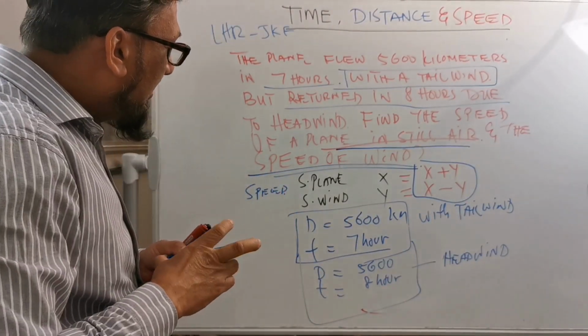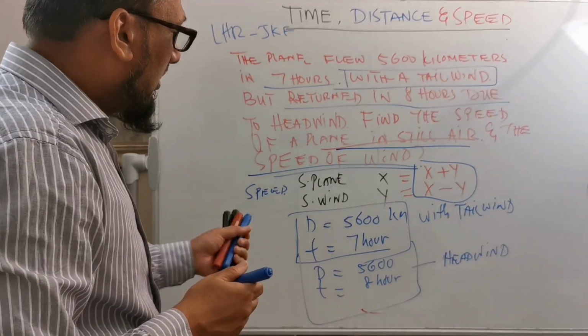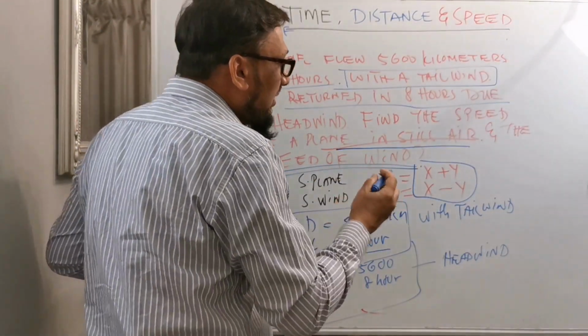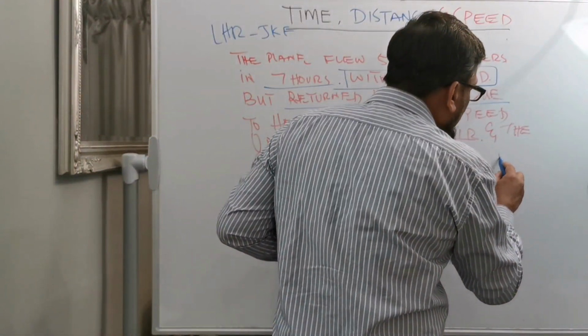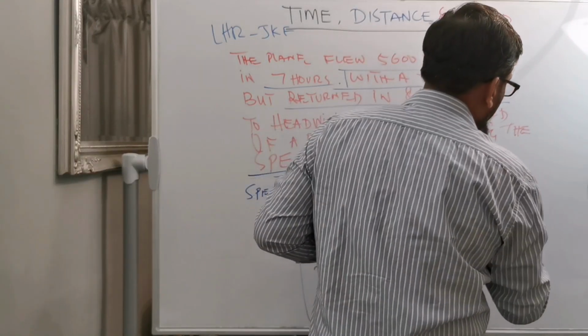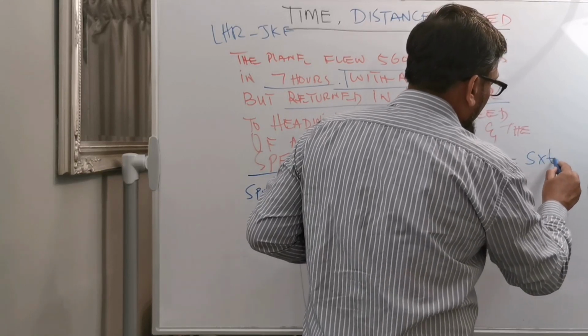Now as per the formula, we know that distance equals speed times time.